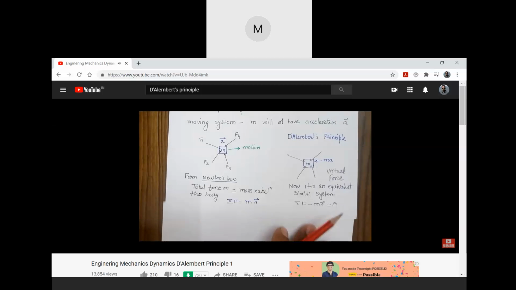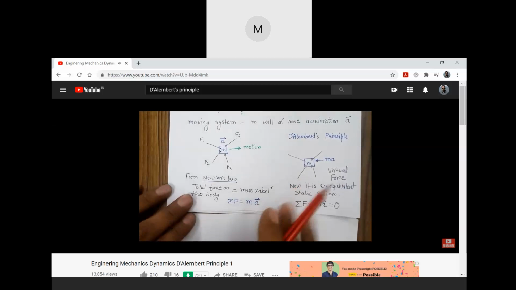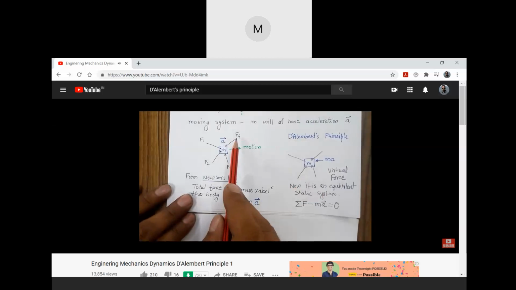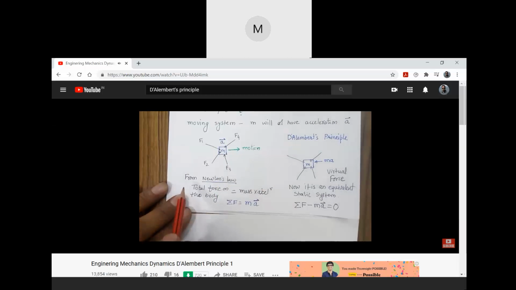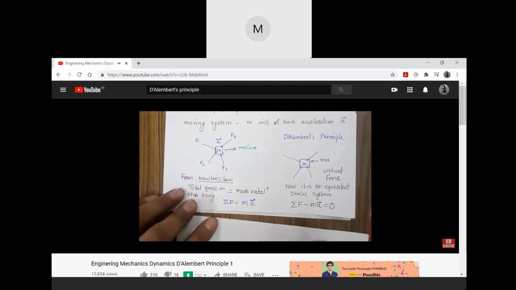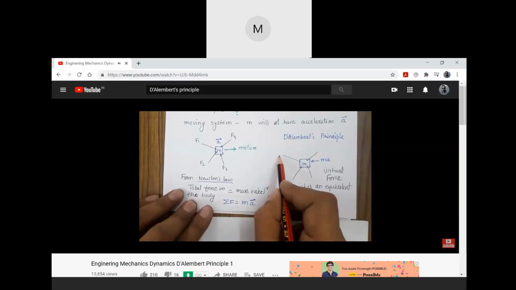So now we have a system where the four forces are not balancing each other, and because of that there will be a resultant acceleration a, and the system is moving. From Newton's law we can say that the total force will be equal to mass into acceleration.